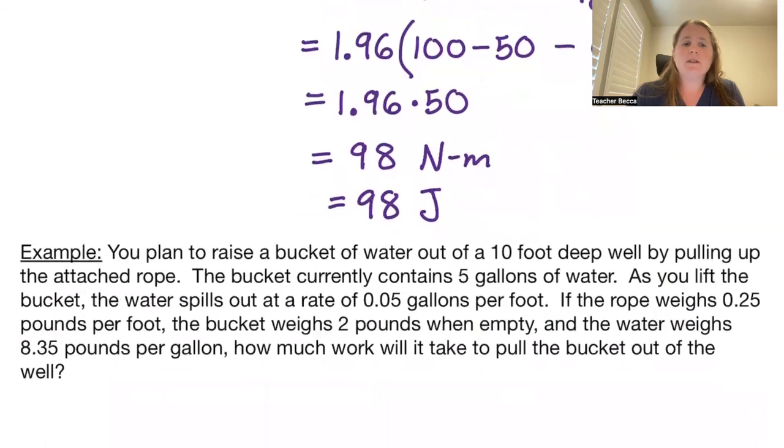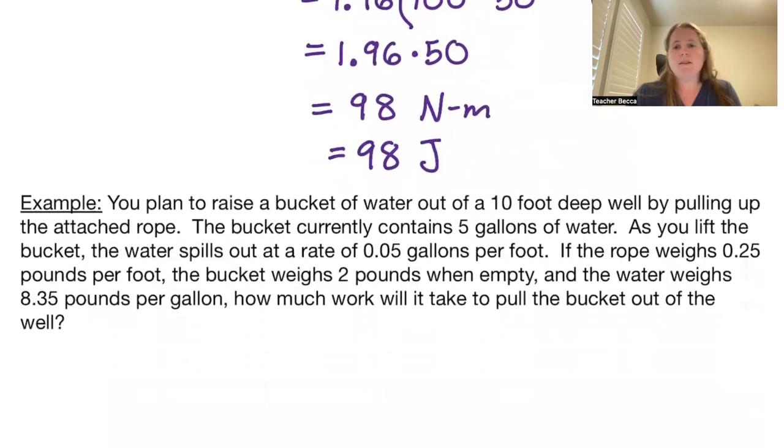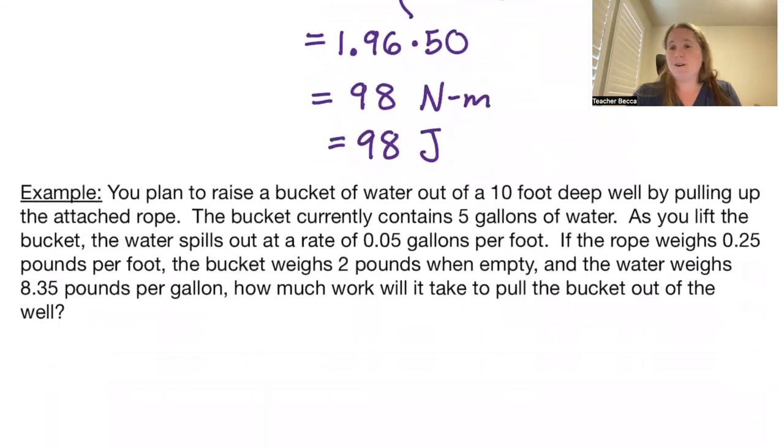Now we are going to do a very similar example, but this time we are adding a bucket of water to the end of the chain. We plan to raise a bucket of water out of a 10-foot deep well by pulling up the attached rope. The bucket currently contains 5 gallons of water.